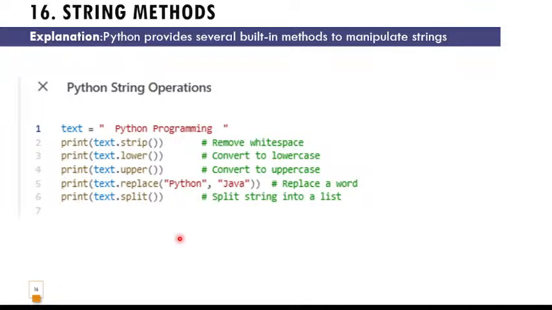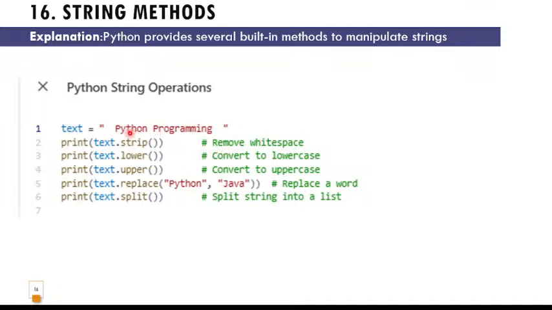So Python string operations, text is "Python programming". Print text dot strip is used to remove white space. There are some operations that we can do on these strings. The first one is strip, and this is used to remove the white spacing.